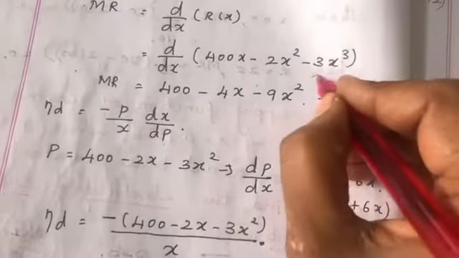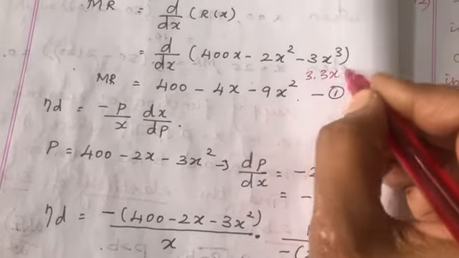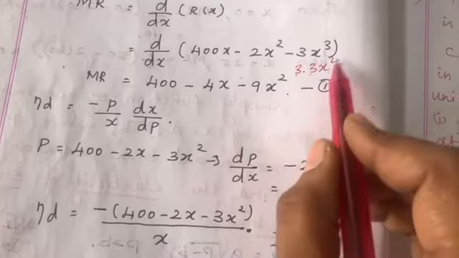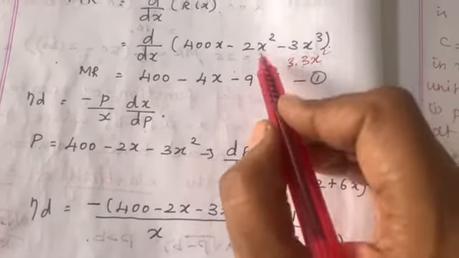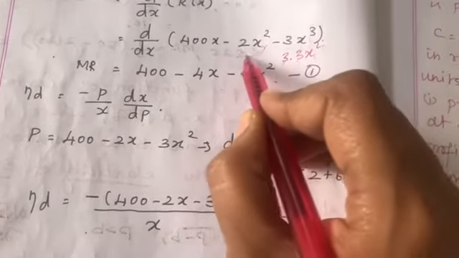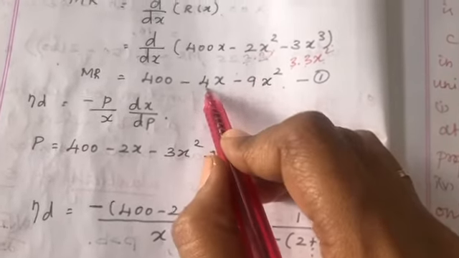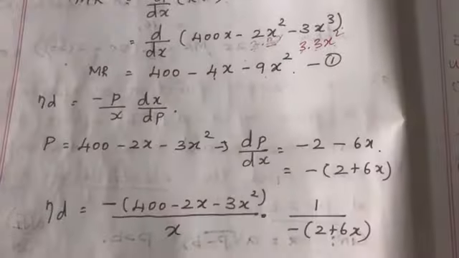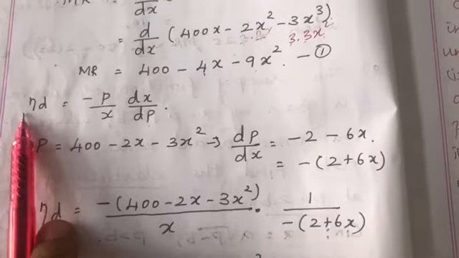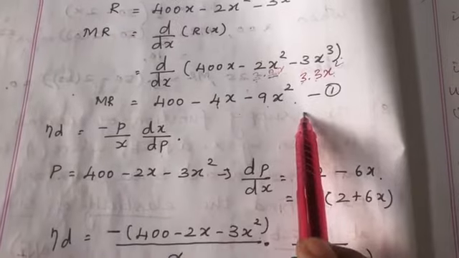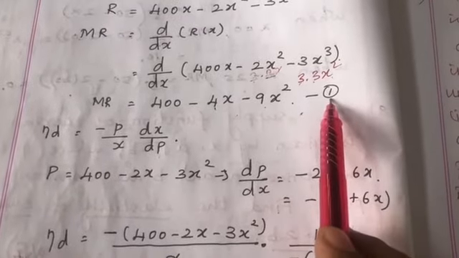So 3 into 3x square, 3 3s are 9x square. x cube differentiation is 3x square, x square differentiation is 2x. So here minus 9x square. Marginal revenue we have found, and mark it as 1.